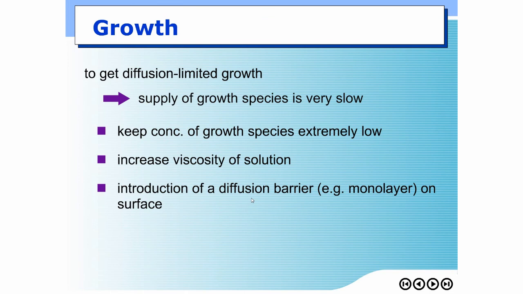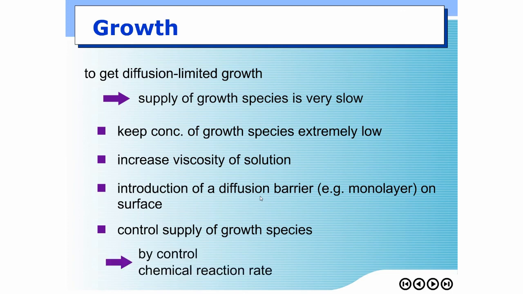That polymer layer is considered a diffusion barrier as well, because the growth species must go through that layer before reaching the surface. We can control the supply of growth species by controlling the chemical reaction rate, either by controlling the concentration of reactant or the catalyst itself.